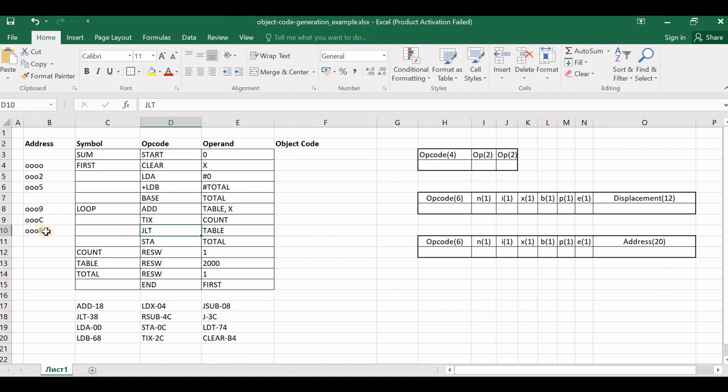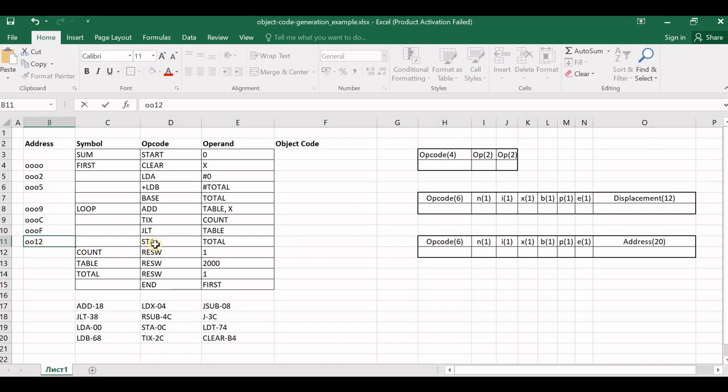So it's starting at F, then 10 and 11. The JLT table occupies memory locations F, 10 and 11. So the next instruction, STA total, starts from address 0012.